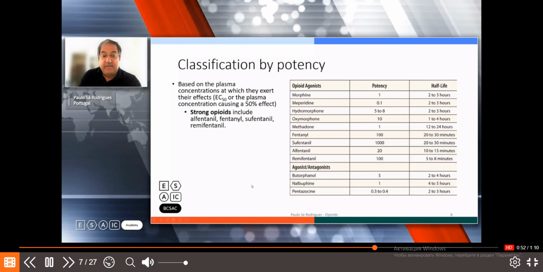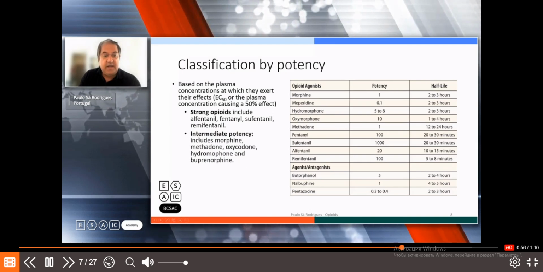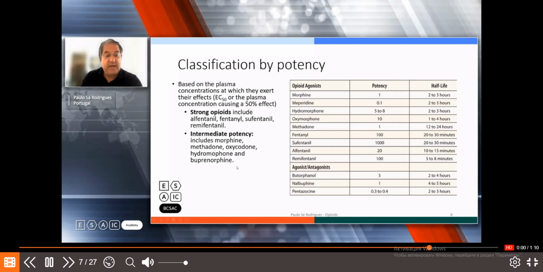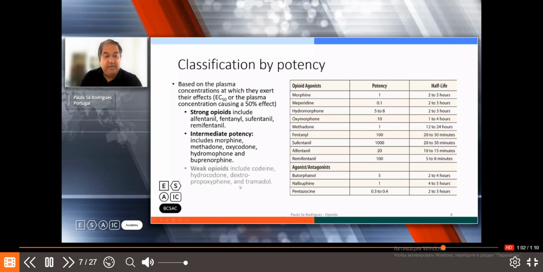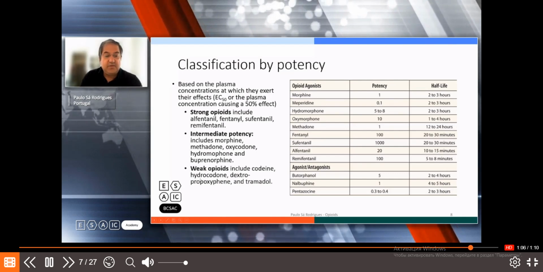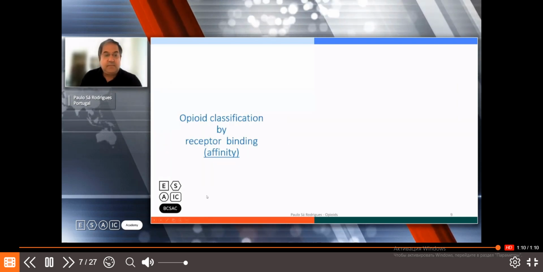So they may be classified as the strong opioids, the ones I've mentioned now, the ones with intermediate potency like morphine, methadone, and buprenorphine, and the ones that are weak like codeine, hydrocodone, dextropropoxyphene, and tramadol.